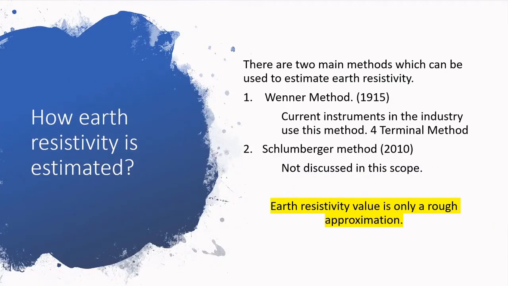You are going to see a value in ohms. You need to use an equation to calculate this approximated earth resistivity value, and these values will deviate due to many conditions. So we are going to talk about these conditions also in upcoming lecture slides.